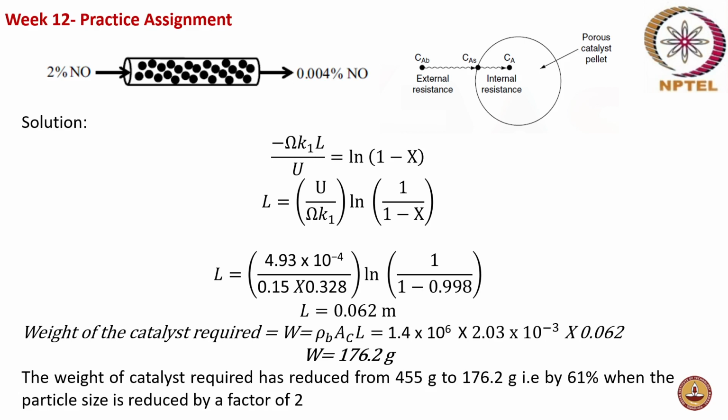This actually depends not only on the weight of the catalyst, which is reduced by 61%, but also the cost involved in reducing the particle size from 3 mm to 1.5 mm. So the actual selection of the catalyst will depend on the cost of that catalyst with the reduced particle size, and also the original size and the weight used in each of these cases. Based on that, an optimum value will be obtained.